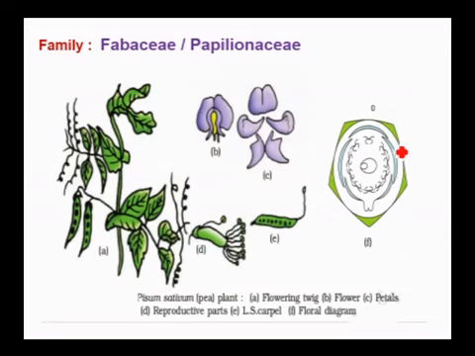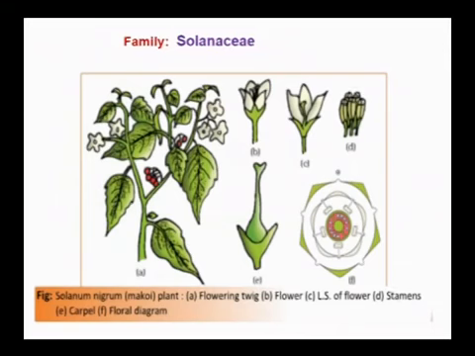The sepals are showing valvate estivation. Corolla is showing vexillary estivation. These are the stamens, diadelphous 9+1. The gynoecium is monocarpellary with marginal placentation. These are pulse yielding, oil yielding, or dye yielding plants included in this family.